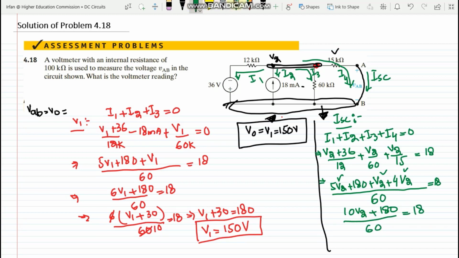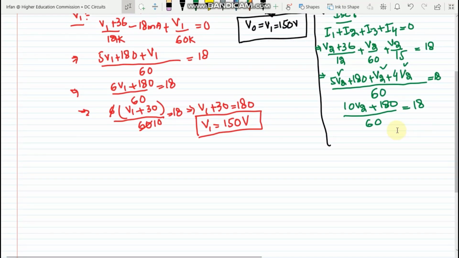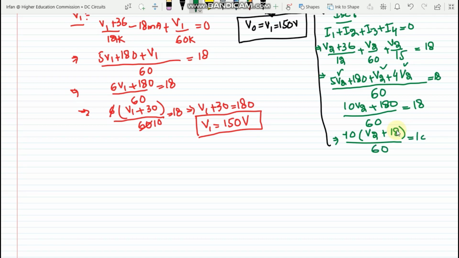Okay, so now I have this equation here, and when I simplify it by taking 10 common from this side, it will become (v2 plus 18) divided by 6, it will be 18 here, so this will cancel out.